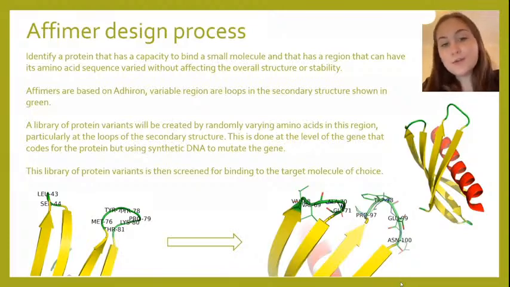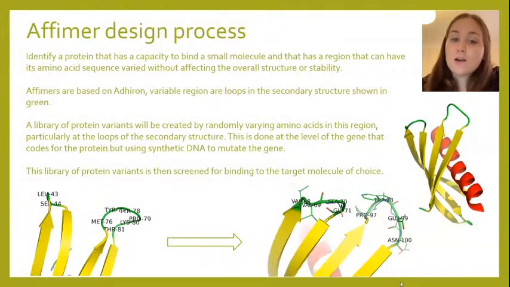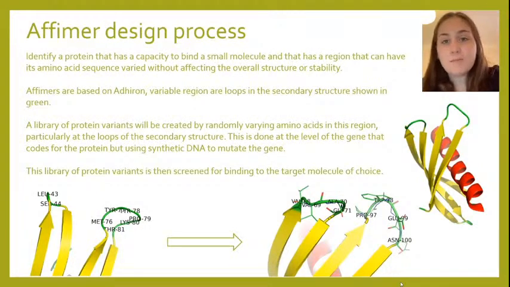The two green loops at the top of the protein structure are the variable region. By changing the amino acids in this sequence, the protein is not destabilized nor the overall structure changed. After making small changes, a series of proteins will be produced that can be screened against the specific molecule, in our case valproate, to determine the best fit.